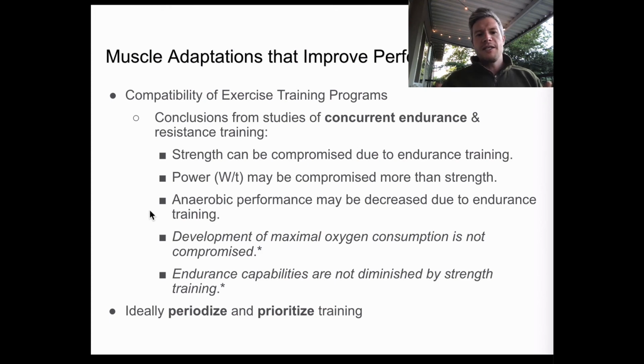Anaerobic performance can be decreased due to endurance training. So that's similar to saying strength training can kind of compromise our endurance training. And what we find there is a shift of our two types of anaerobic systems to the intermediate.